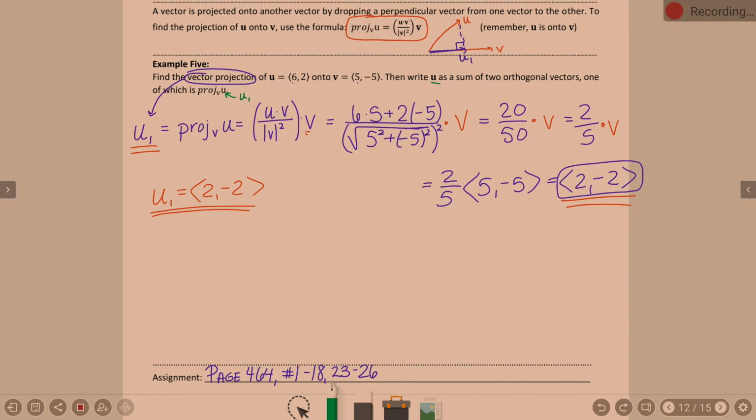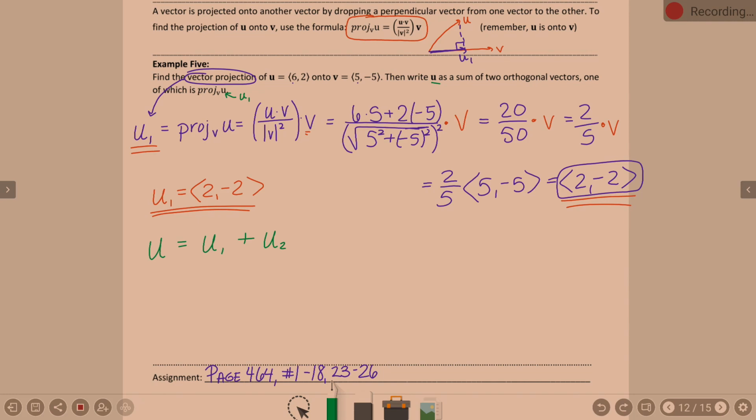That's just the common way to name it. We're being asked to write u as a sum of two orthogonal vectors, one of which is u1, and the other of which we don't know yet, but I'm going to call it u2.